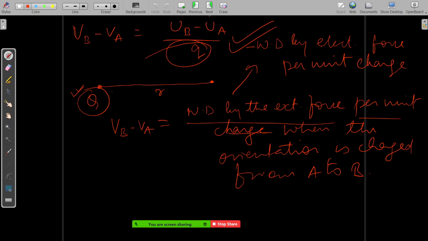But since an external force is also required to calculate the change in potential energy, we can change the definition and write it like this. Because the work done by the external force will equal negative of the work done by the internal force, since we are moving it slowly, and one force is in the opposite direction to the other.